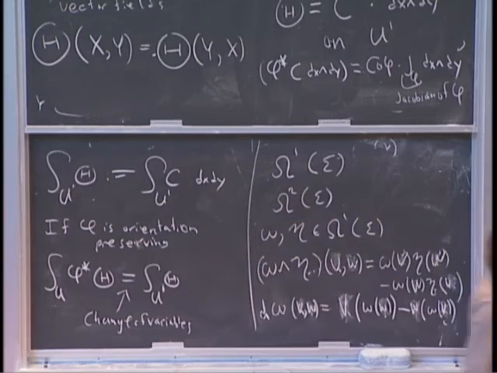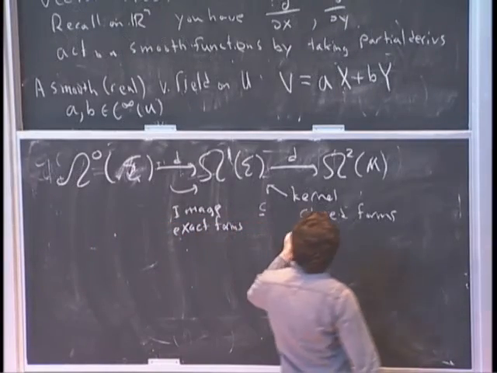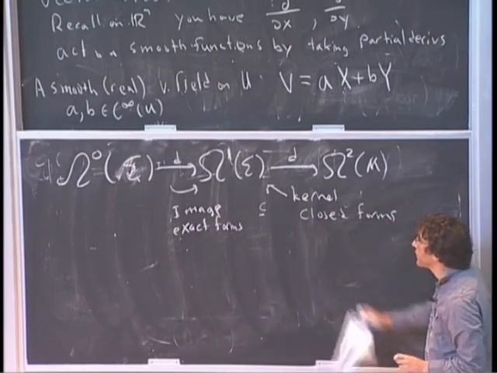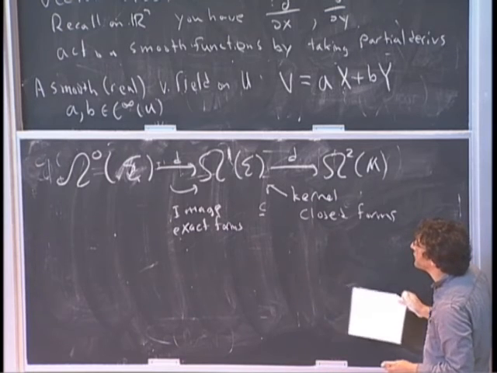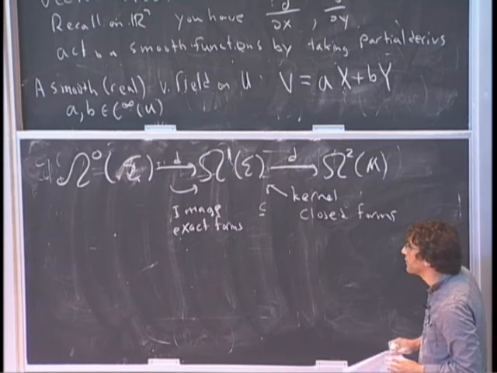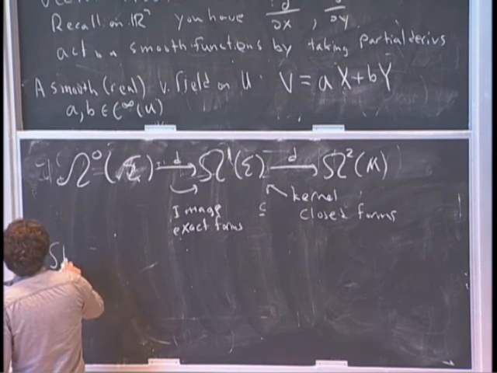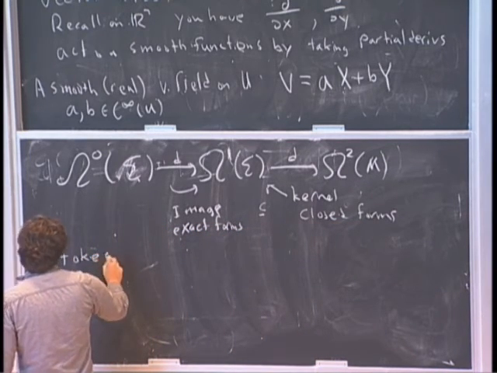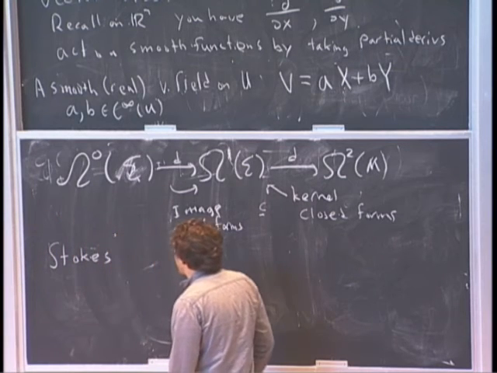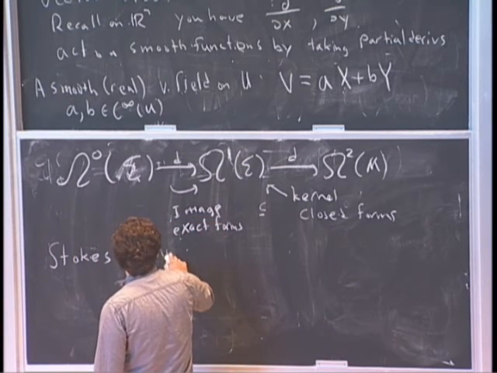And so this gives us a necessary condition, which is that it be closed. And so one thing you should check is that actually that's a sufficient condition if you have a simply connected region. So that actually is going to follow from this. I mean, it's much easier if you do it in coordinates, but it'll just follow from Stokes' theorem. So I just want to remind you of this.